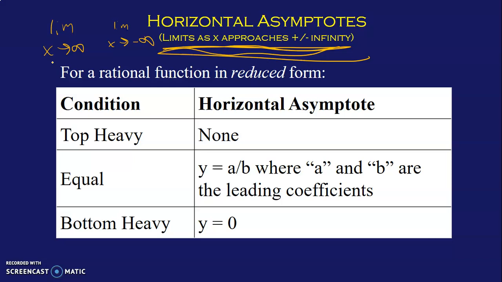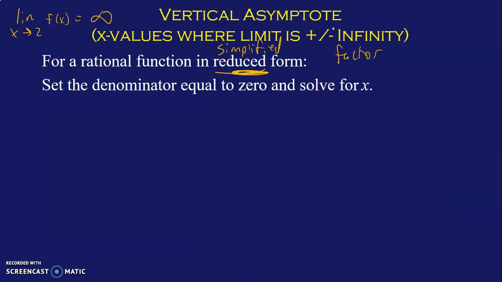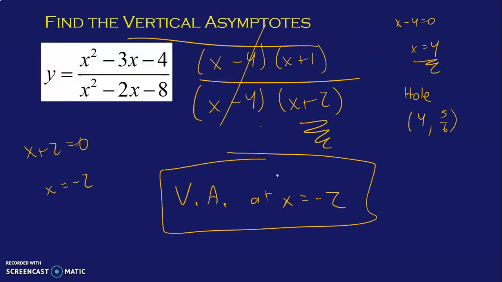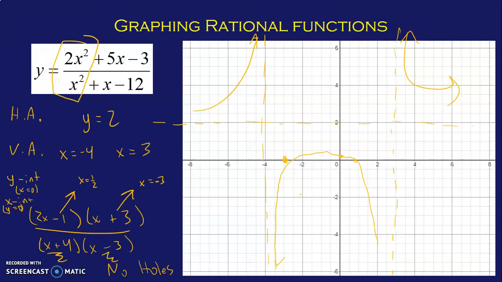So when you see a limit as x approaches infinity or a limit as x approaches negative infinity, you're thinking about horizontal asymptotes. If you see a limit that is equal to infinity, you're thinking about vertical asymptotes. So that's how we connect the things that we learned in pre-calculus and algebra 2 about graphing rational functions to the calculus that we're going to be doing this year with limits and infinities.